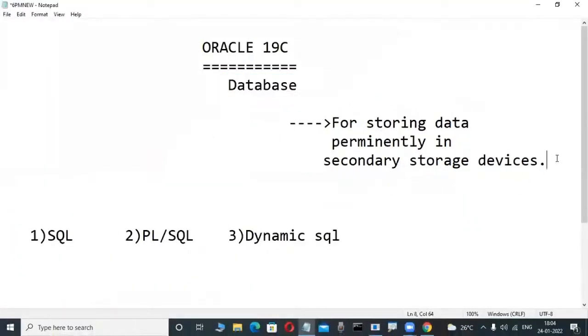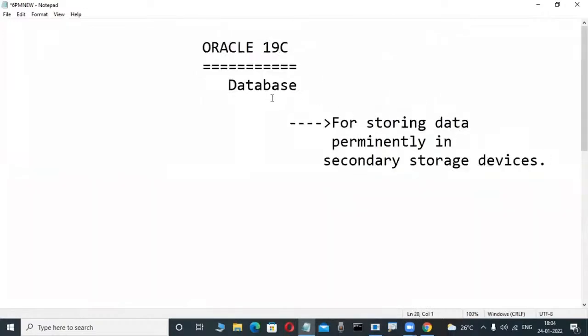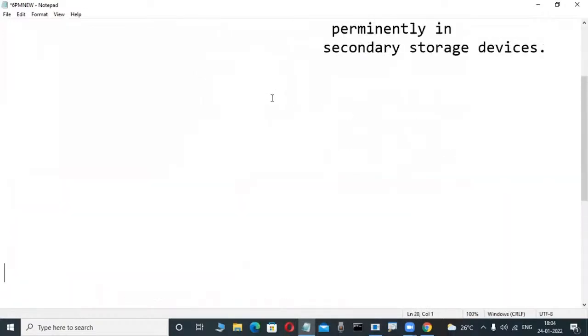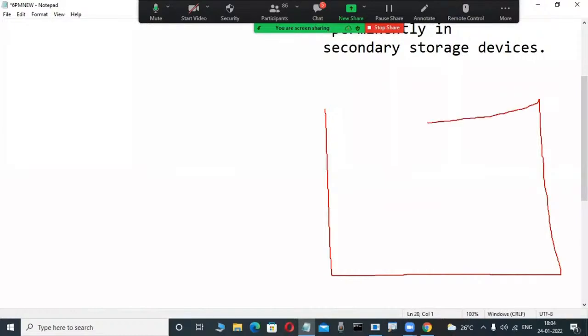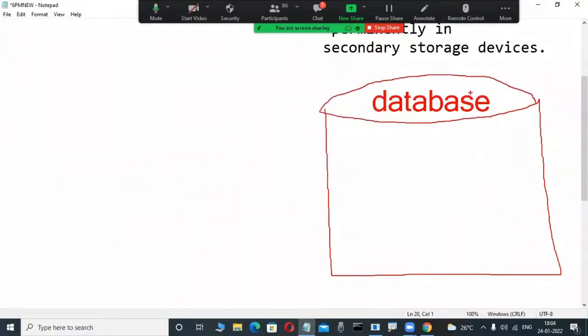As I said in previous classes, database means it is a place. Whenever we install Oracle, SQL Server, or DB2 in our system, automatically one place is created. That is called a database. But these databases, Oracle, SQL Server, DB2, Sybase, do not store a random collection of data.